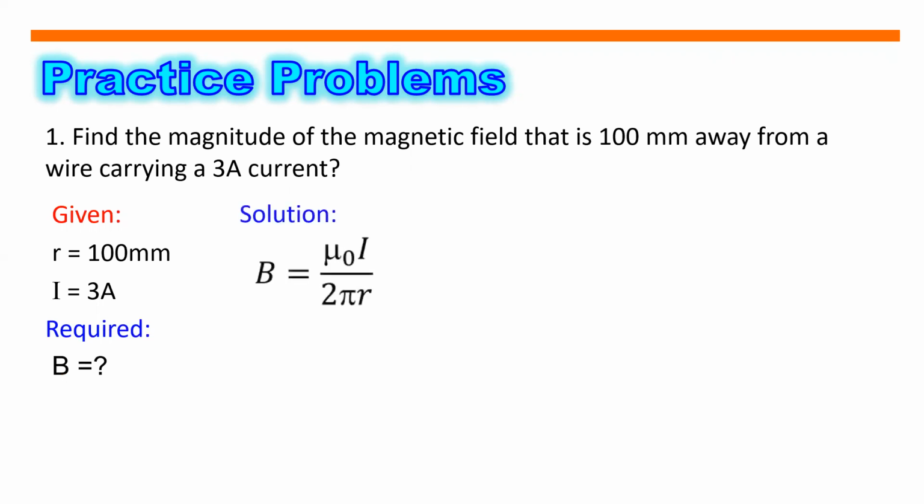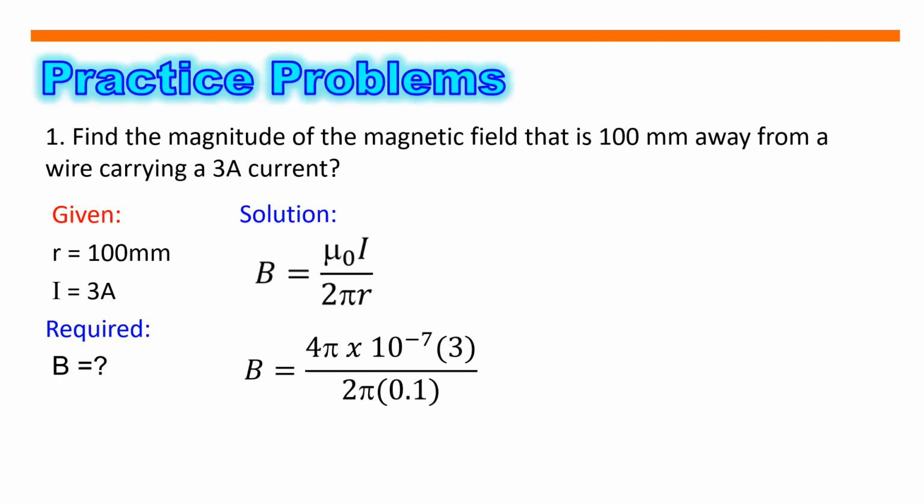So, using our equation, B is equal to mu multiplied by I all over 2 pi R. We will just substitute the values. Our mu, which is the permeability of free space, has a constant value of 4 pi times 10 to the negative 7, multiplied by the 3 amperes, all over 2 pi times 100 millimeters, or simply 0.1 meters.